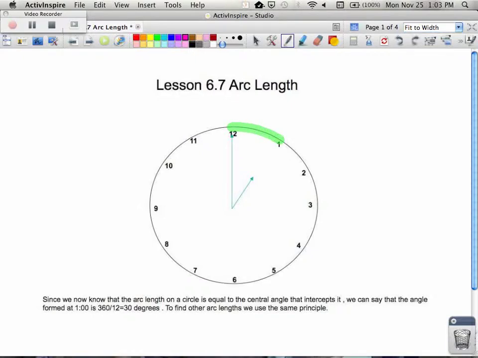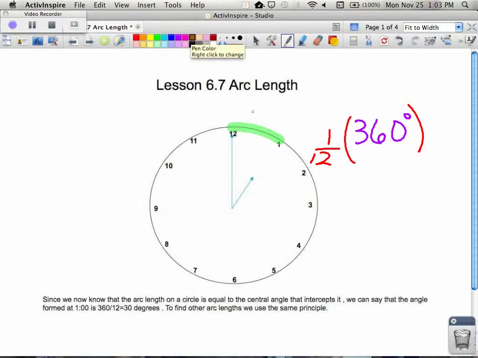And since we know that the total number of degrees in a circle is 360 degrees, what we want to do is take 1/12 of that 360 degrees, or in other words, we're dividing the 360 by 12.